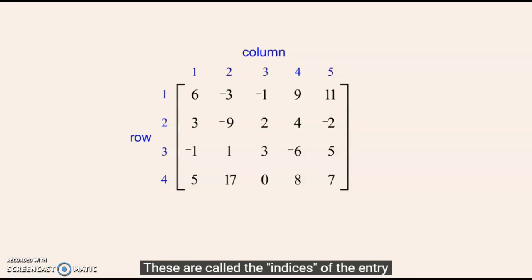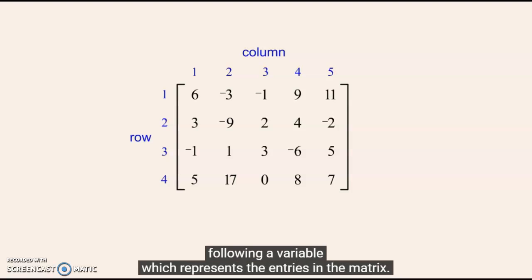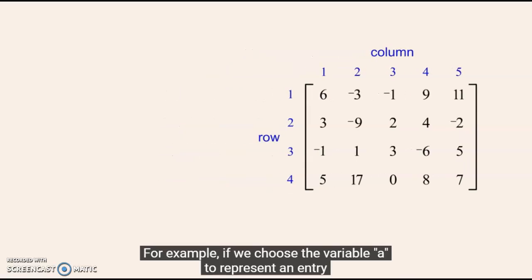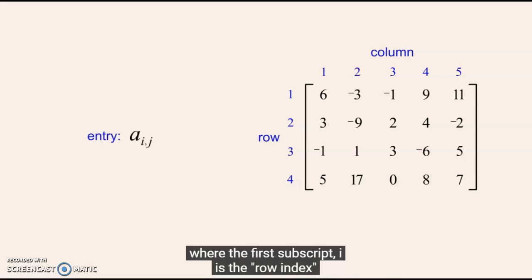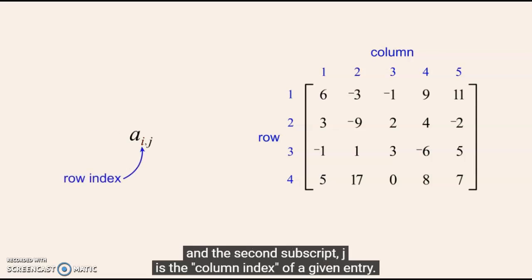These are called the indices of the entry and are written as subscripts following a variable which represents the entries in the matrix. For example, if we choose the variable a to represent an entry and i and j as the subscripts, we can refer to the entries by writing a_ij, where the first subscript i is the row index, and the second subscript j is the column index of a given entry.